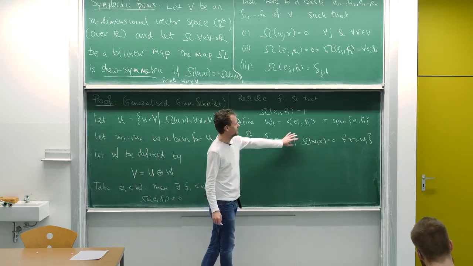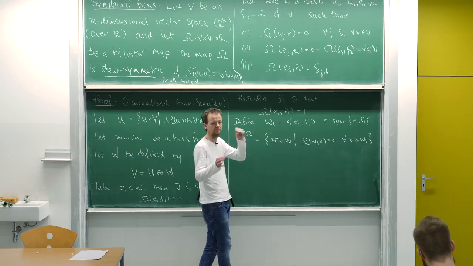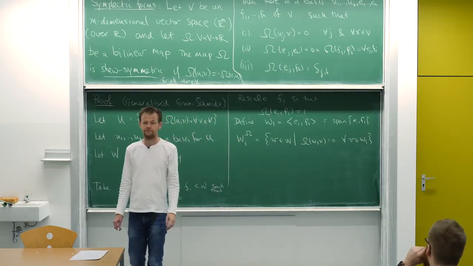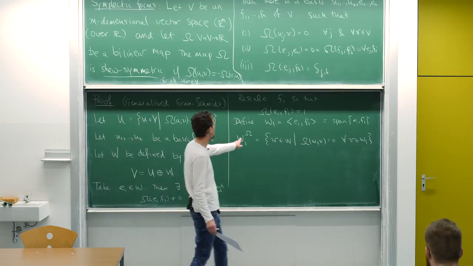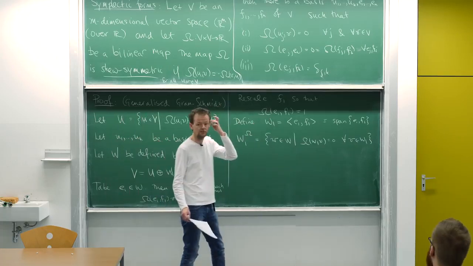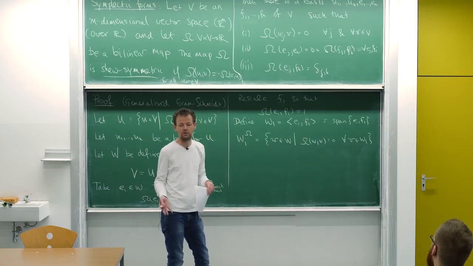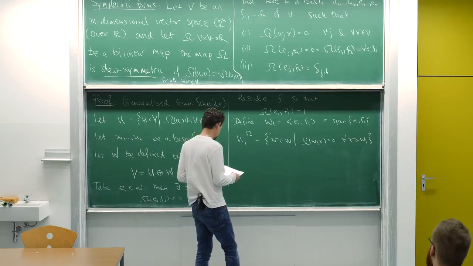So this looks very much like the orthocomplement, right? If omega was an inner product, not a skew symmetric map, then this would be the orthocomplement of W1, everything orthogonal to it, if this was an inner product, which it is not. It's a skew-symmetric map. But the similarities are so close that we can adopt this language.